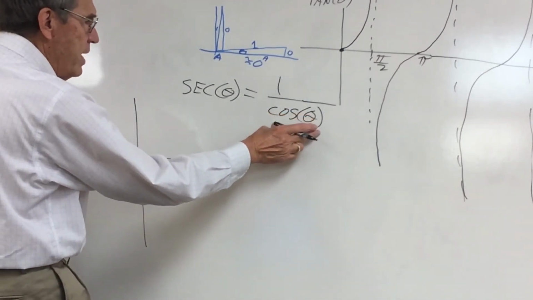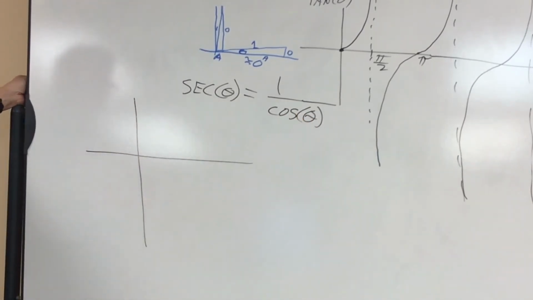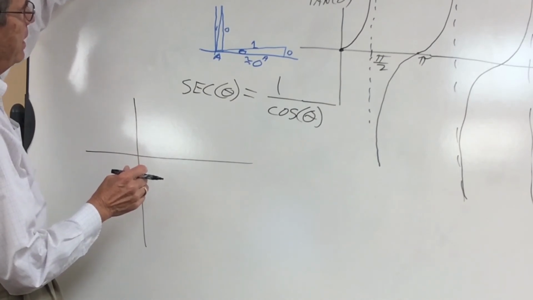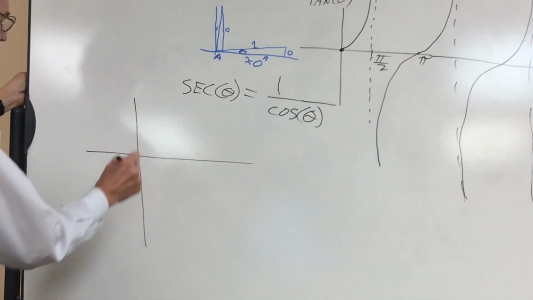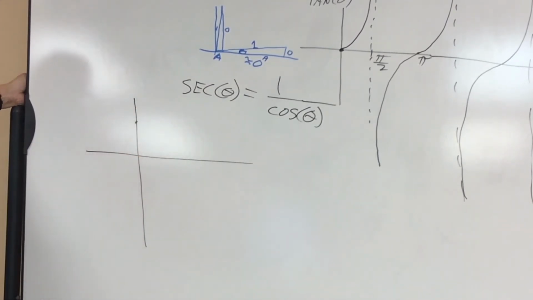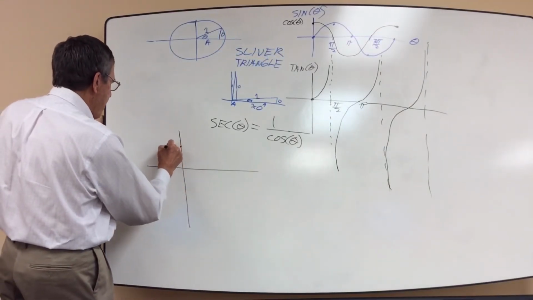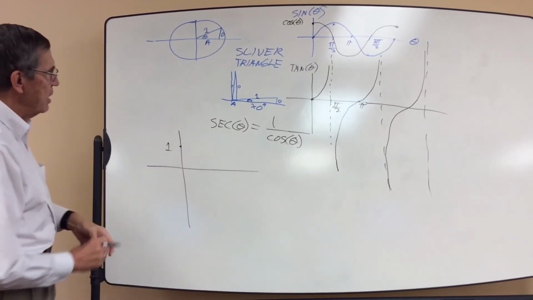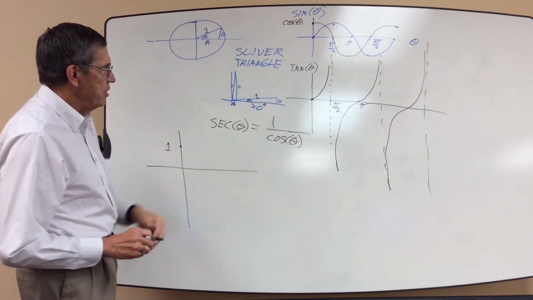Well, when we're at 0, what is the value of cosine? Well, if we're at 0, we're down here, and the cosine is 1. Well, 1 over 1 is 1. So one thing I know is the secant crosses the y-axis at 1. All right? So we put a little dot there. Now let's ask ourselves, as we rotate through the first quadrant, what happens to the cosine?